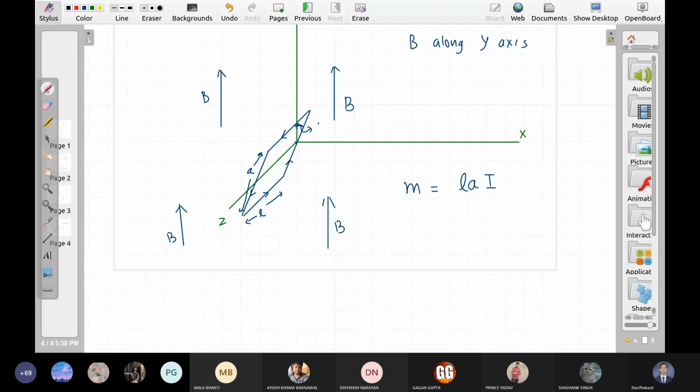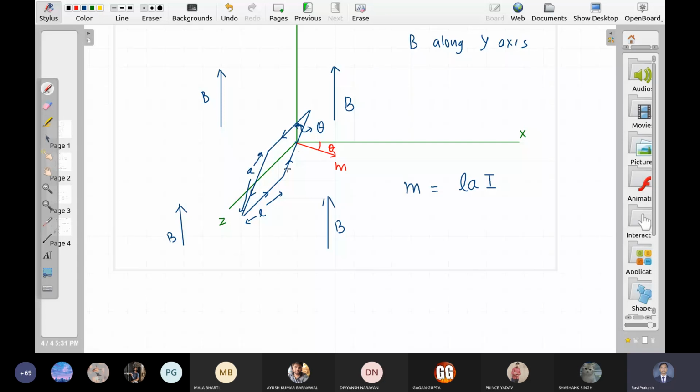And what is the direction of the magnetic moment now? Let me use the red color for it. So i cap minus j cap. Yes. So let me put the magnetic moment vector in this direction, perpendicular to the loop. This is the magnetic moment vector. This angle is also theta, right?